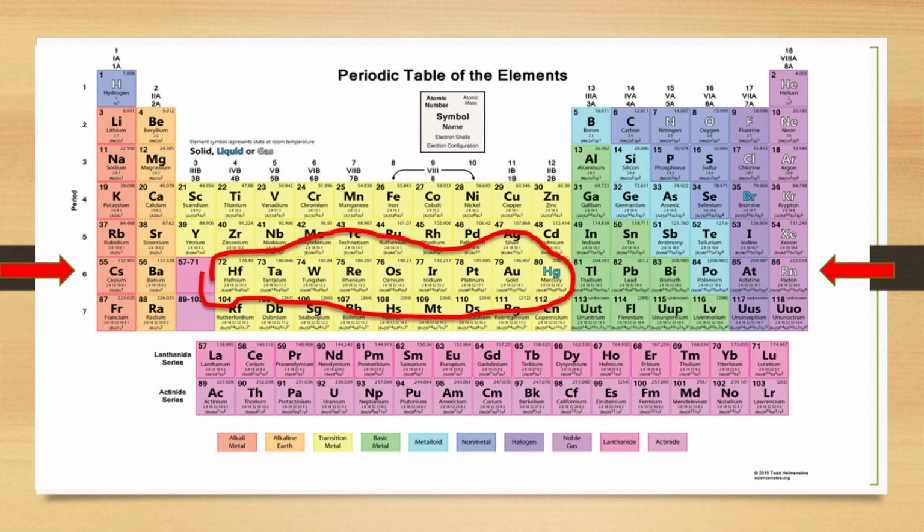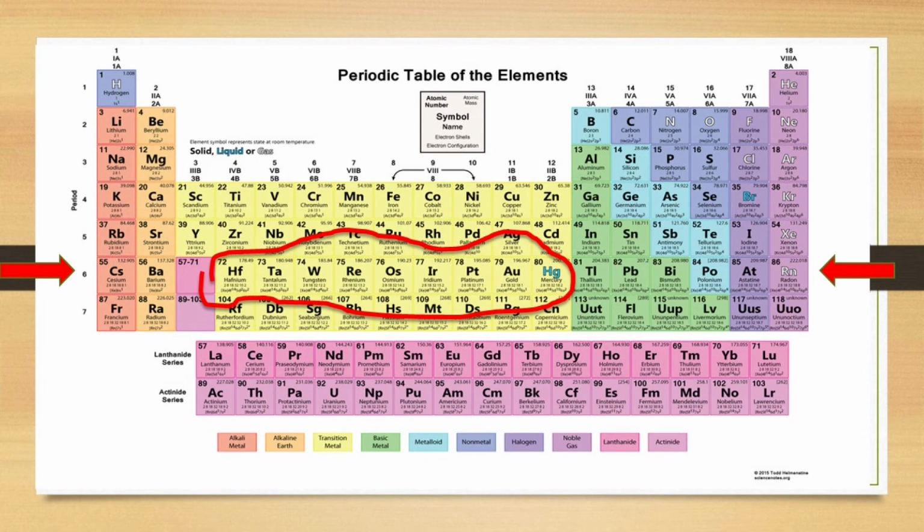In these elements, the outermost shell and the shell next to the outermost are incomplete. The elements of groups 3, 4, 5, 6, 7, 8, 9, 10, 11 and 12 are known as transition elements. Many of the compounds of transition elements are colored.